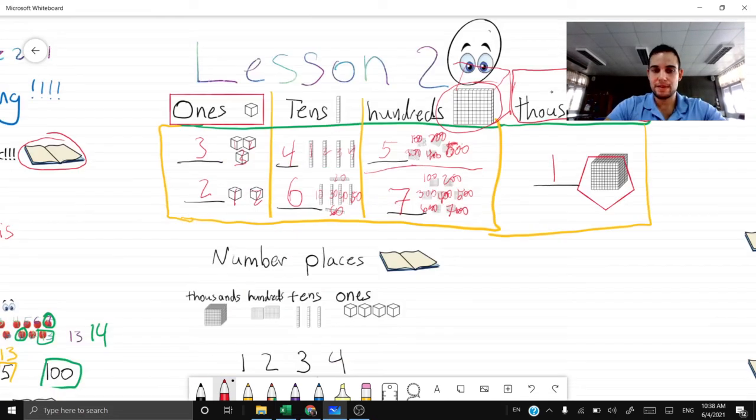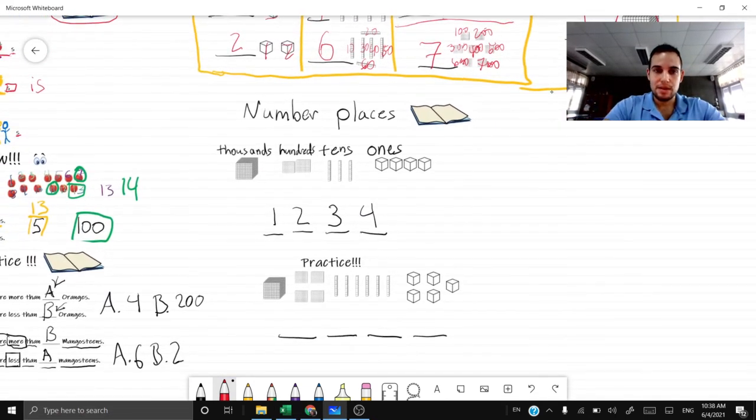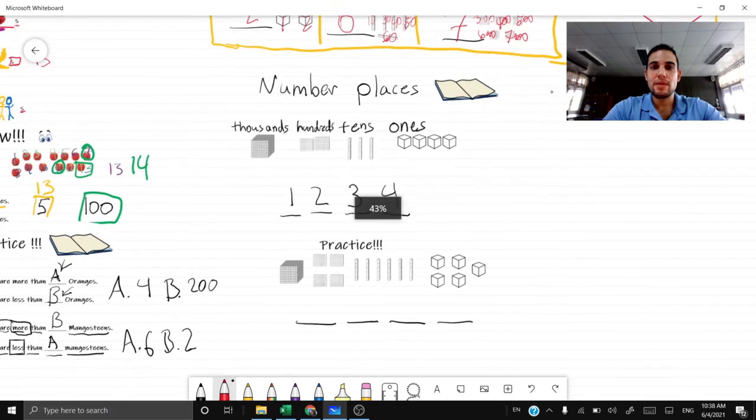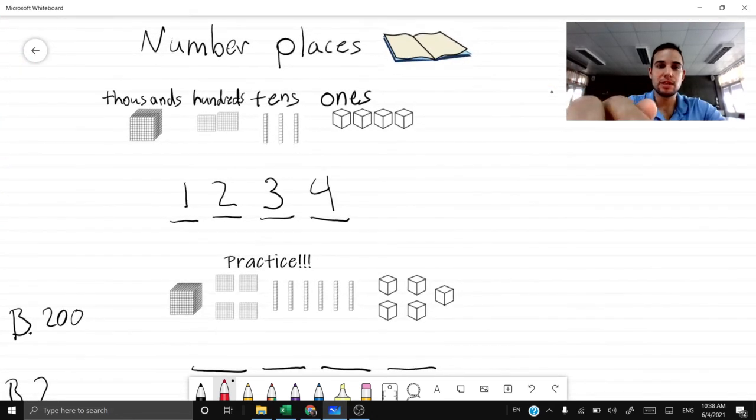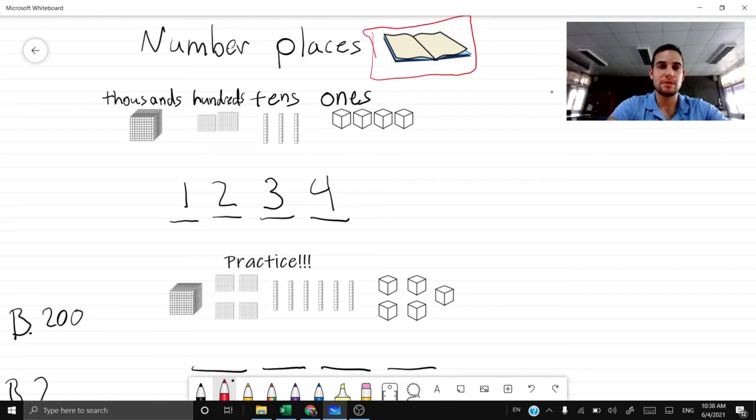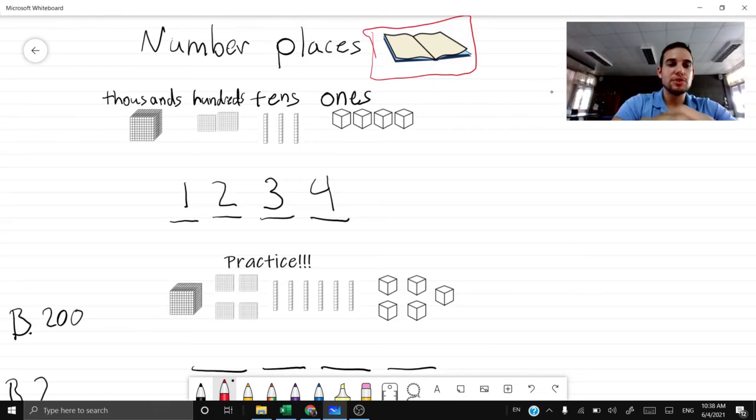Let's practice our number places. So write this down. You see the book here? Now you need to write it down. You don't need to draw the places.